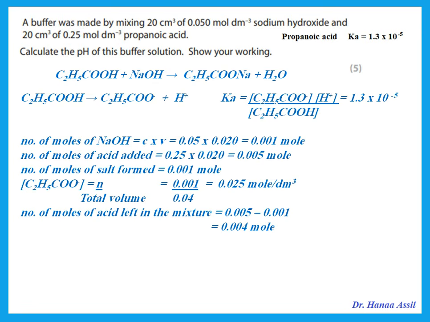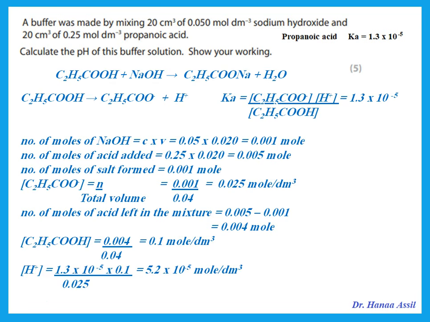What is the number of moles of acid left in the mixture? It is the rest of the 0.005 mole, so that is 0.004 mole of acid, and that means the concentration of the acid is this number of moles over the total volume, and that means I can get the concentration of H plus from the equation of Ka up there, where we said concentration of propanoate times concentration of H plus over concentration of the acid is equal to 1.3 times 10 to the minus 5.